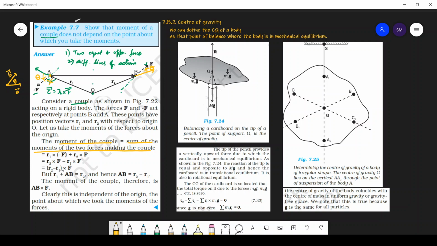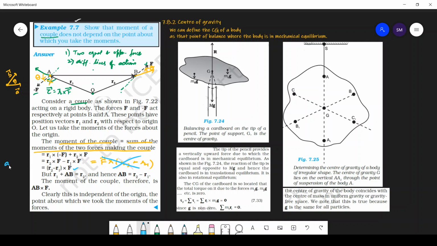So reversing the distributive law, you can take cross F common. So don't do this. This is not equal to F cross R2 minus R1. So don't take the common this way. This is wrong. F is on the right hand side, so F will remain on the right hand side, because this is a cross product.